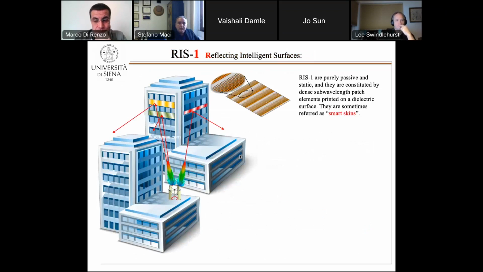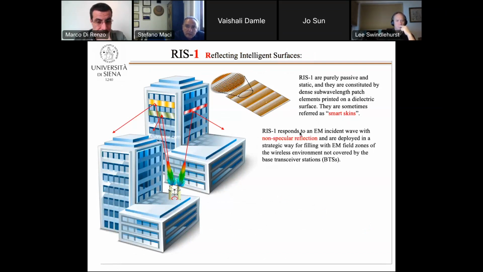In particular, RIS-1 are purely passive and static, and they are constituted by dense subwavelength patches printed on the dielectric surface. They are sometimes referred to as a smart skin, as Marco mentioned before.